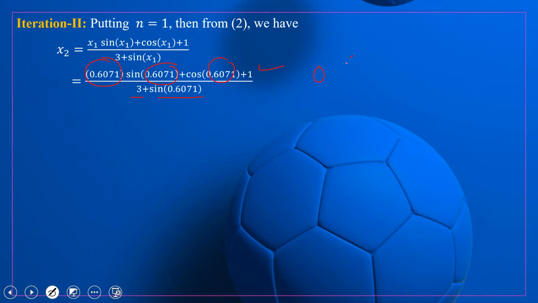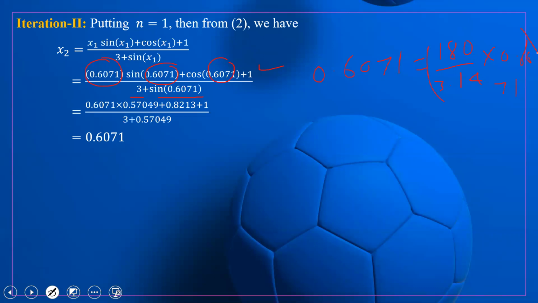Again 0.6071 is converted into degrees using 180 divided by 3.14 into 0.6071, and then we can find the sine and cosine. If we substitute this value, we again get 0.6071. So we are getting the same value.